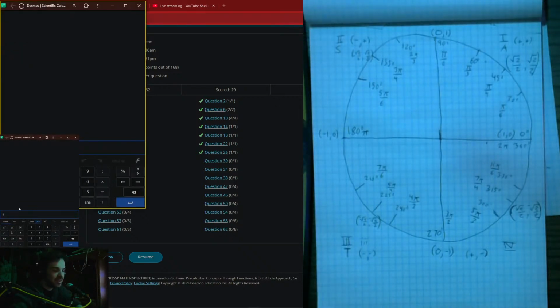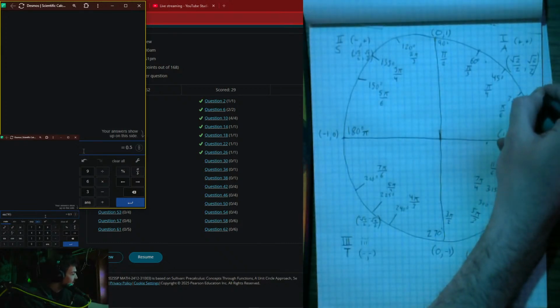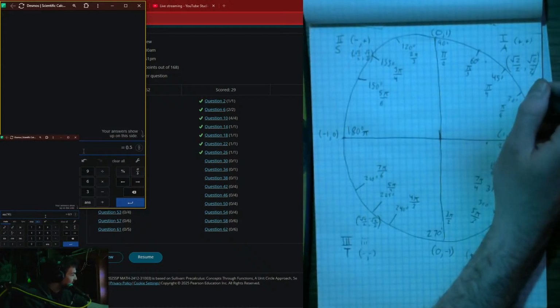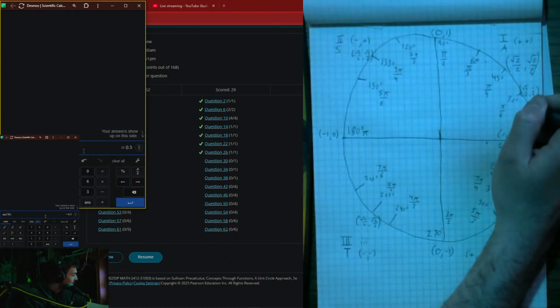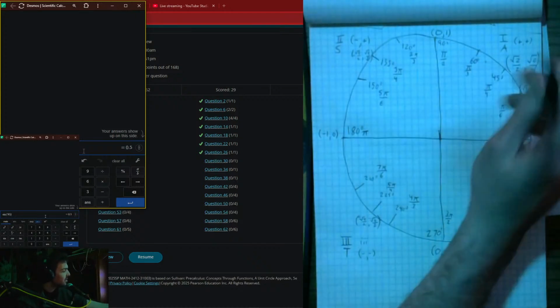For 30 degrees, sine 30. So the y value of 30 degrees is 1/2, and the x value is square root of 3 over 2. And then I just do the opposite for 60.